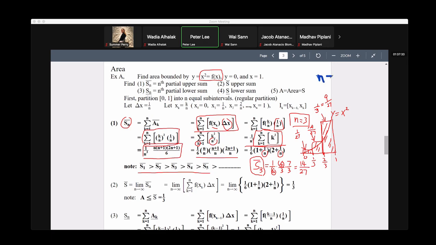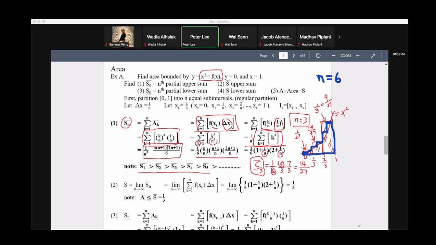I'm going to put this in bold here so that we can see what's going on. When n equals 6, we get this. Now, the area under the blue is also an upper sum, the upper sum when n equals 6.